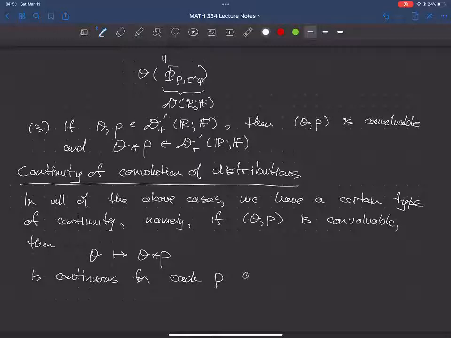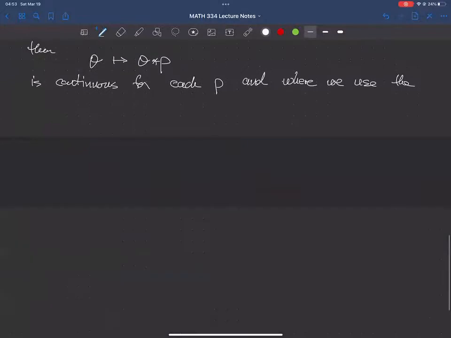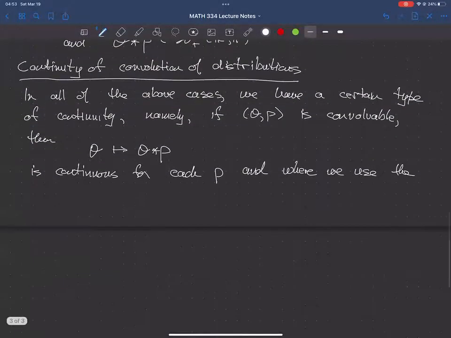Okay, and where we use the... so there is an issue here of topologies that you have to be a little bit more careful about than you normally do, but we won't maybe get into it too deeply.